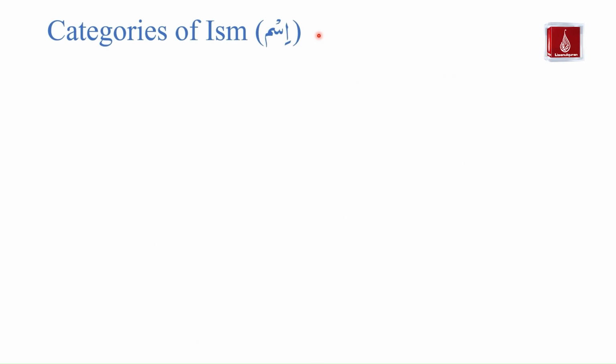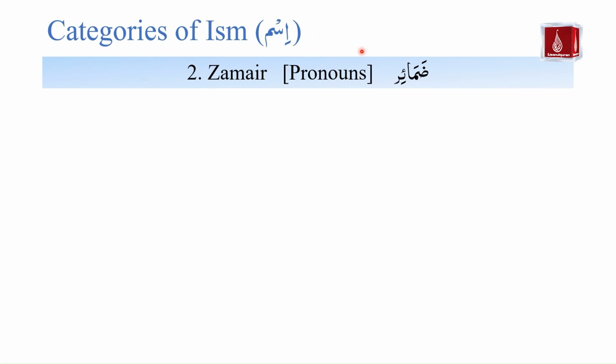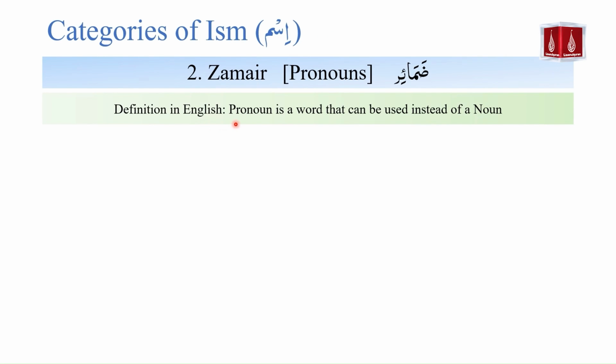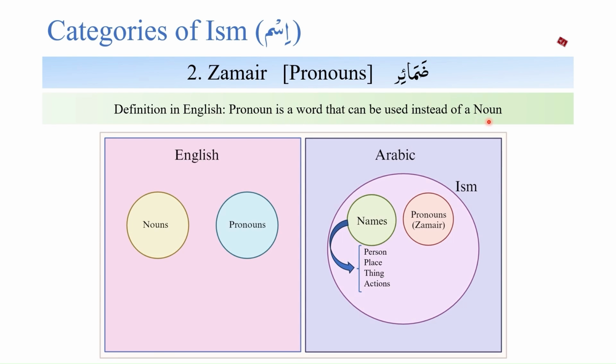The second category of ism is Zamay. Zamay means pronouns. In English, the pronoun is a word that can be used instead of a noun. In English, we also see that noun is a separate part of speech, and pronouns are a separate part of speech.